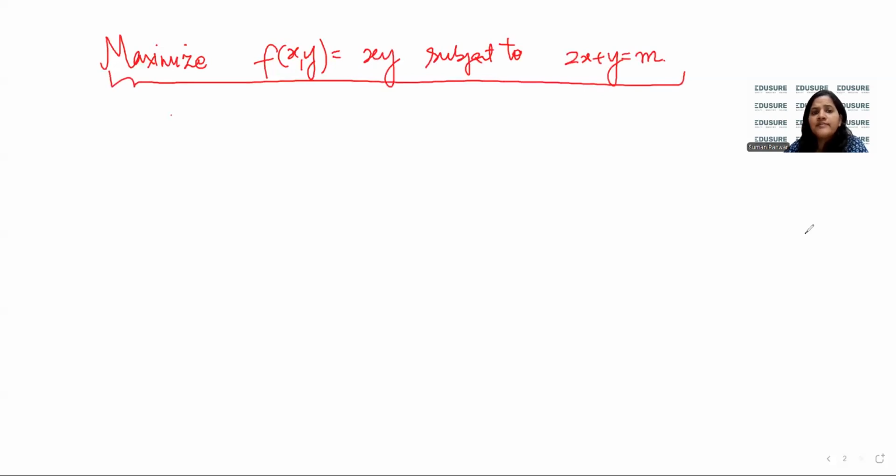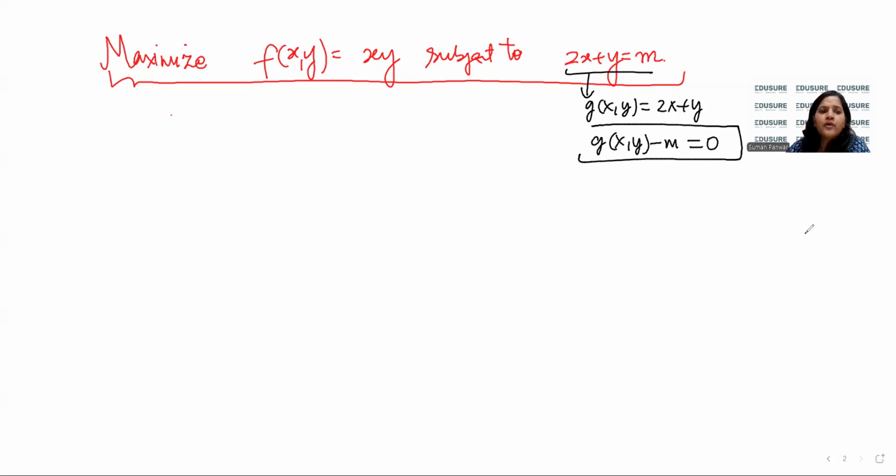Basically, here your f(x,y) is given to us. Here, this is your g(x,y) equals 2x plus y. So actually g(x,y) minus m, you have to consider this particular thing. Okay, so we will be defining L(x,y) equals f(x,y) minus lambda times (g(x,y) minus m).